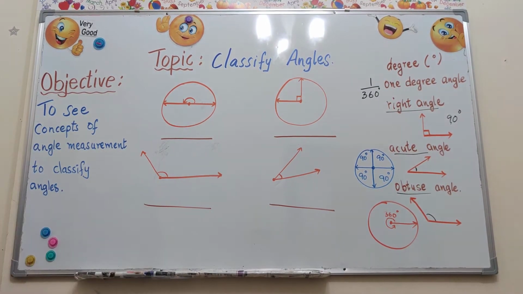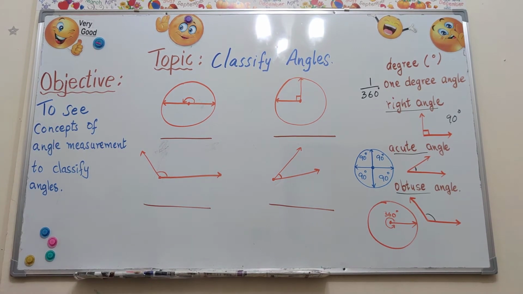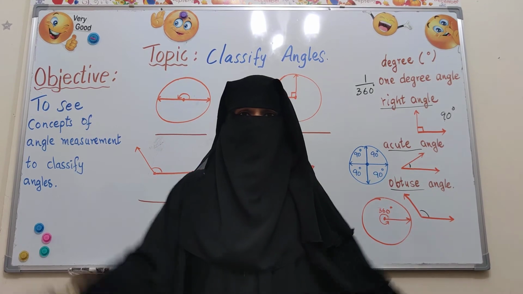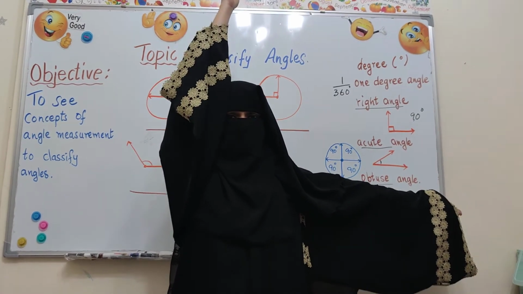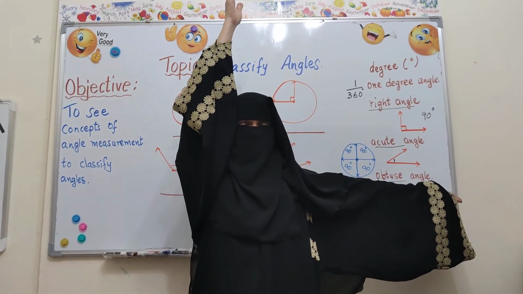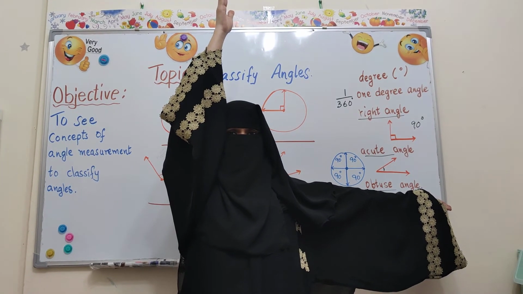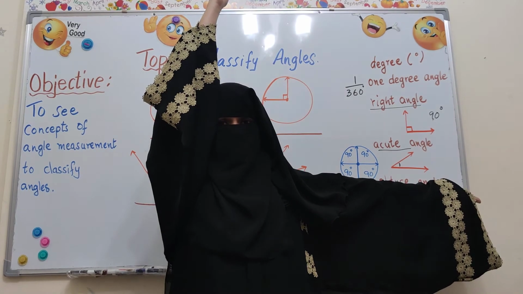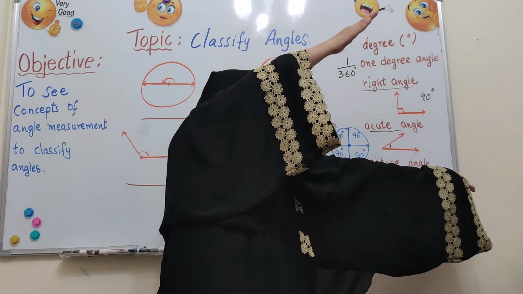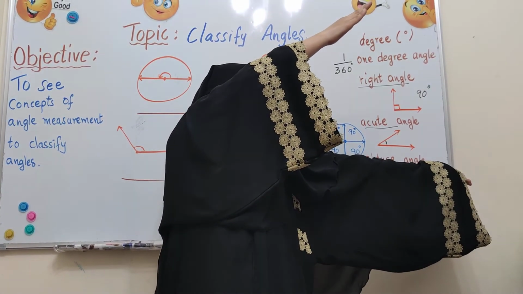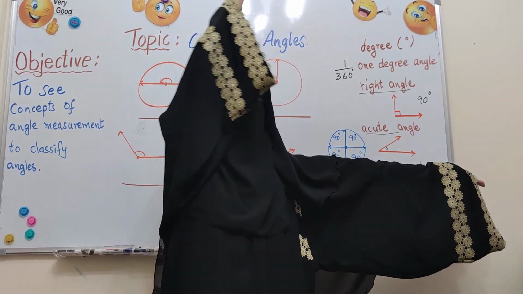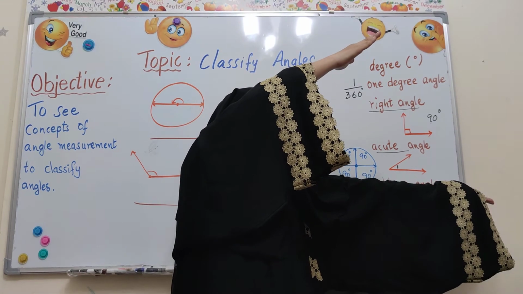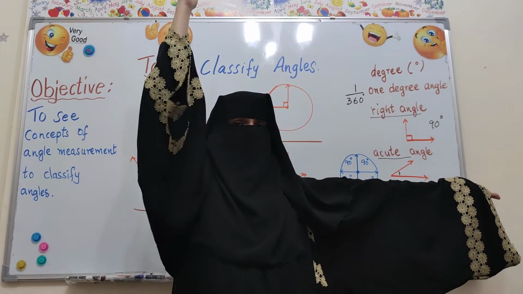Now I will just demonstrate it in a simple way using my hands. I want you to repeat with me. This is right angle. And it is a measure of 90 degrees. Acute angle. This is called an acute angle. This is 90. When I go less than 90 it is called an acute angle. But whereas obtuse, this is 90.